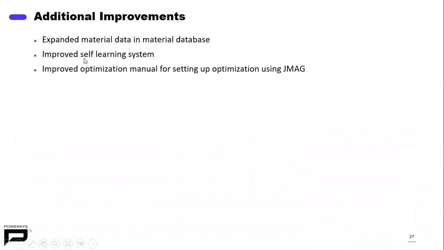And there are some improvements in the self-learning system and in the optimization manual, especially for rangefinder. So it is not only restricted to the features that we have discussed so far. There are a few other advancements also made in the software based on features requested by several users, as well as to enhance the software.